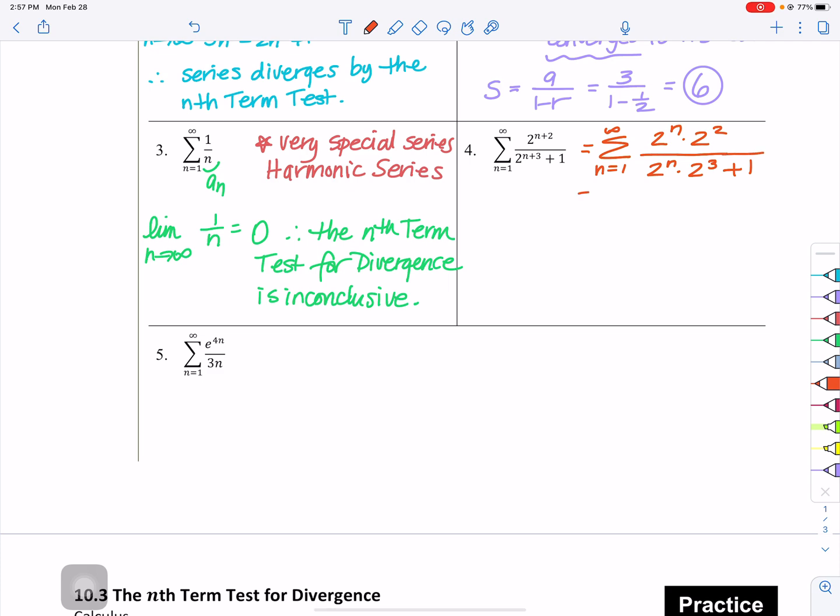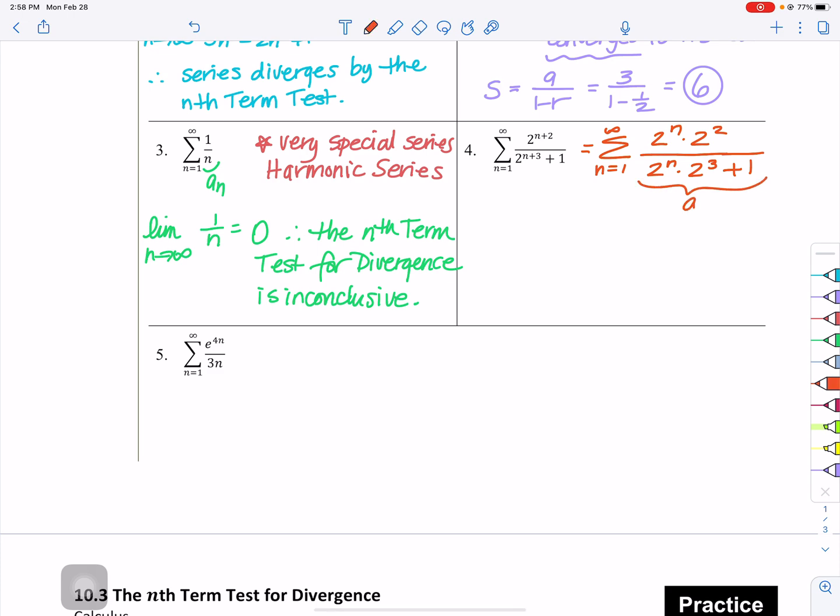And as you can see here, n equal 1 to infinity, we have 1/2 times, actually, let's just leave it like that, and then let's go ahead and find our limit. And then this will make sense.